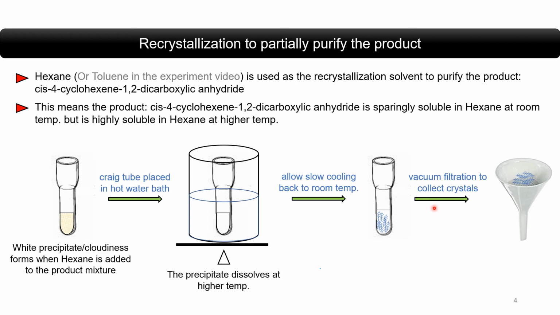In the experiment video, he's going to use centrifugation as the method to isolate these crystals. Either way, it's doing the same thing, so don't get confused. Centrifugation can isolate the crystals, and vacuum filtration can isolate the crystals. So either method works for us.